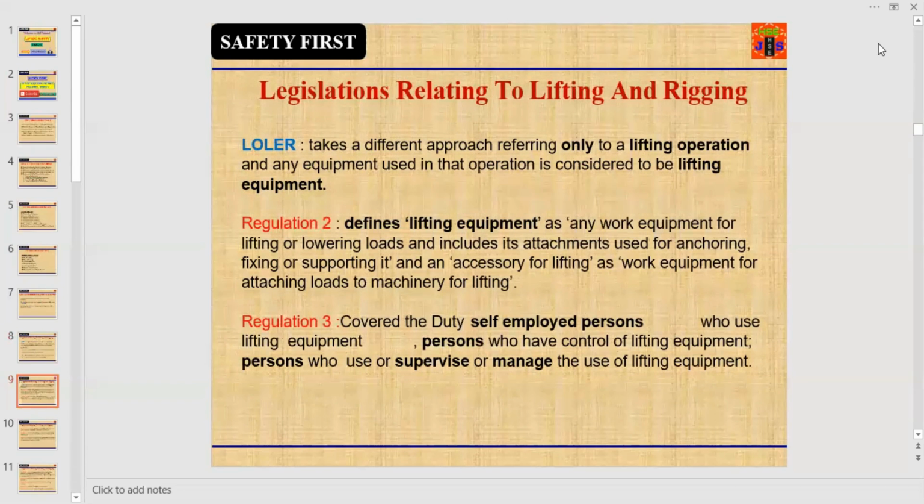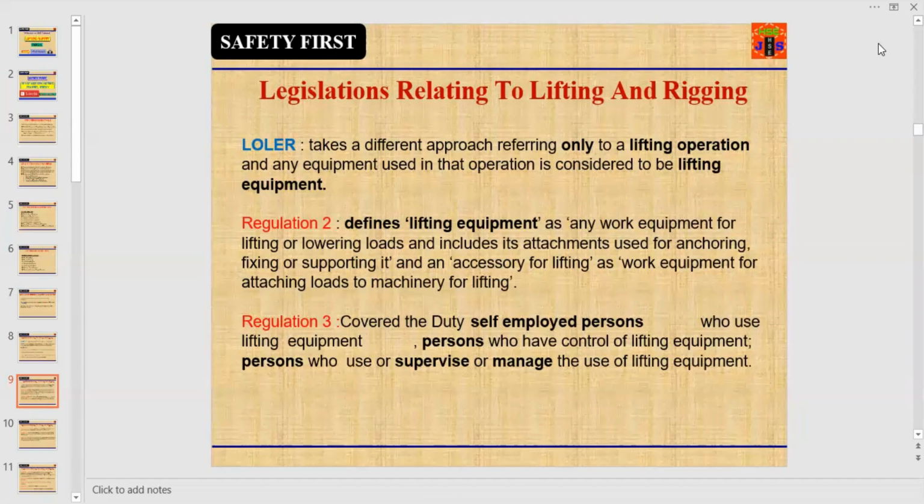While LOLER takes a different approach, referring only to a lifting operation, any equipment used in that operation is considered to be lifting equipment.